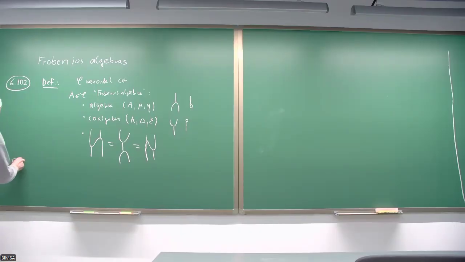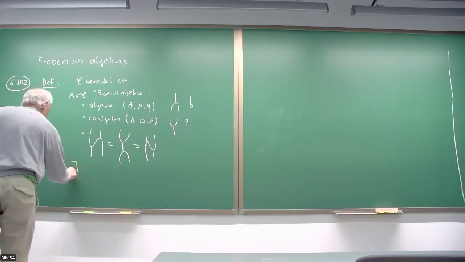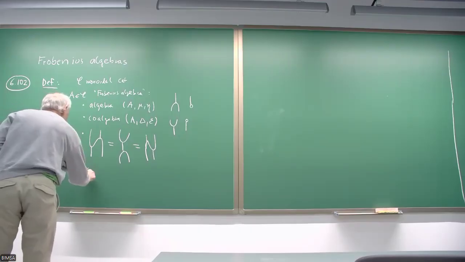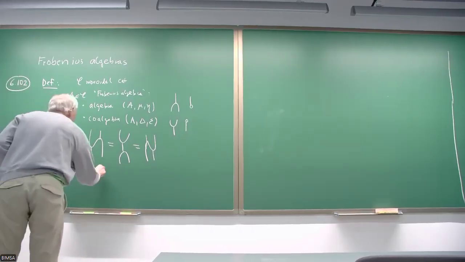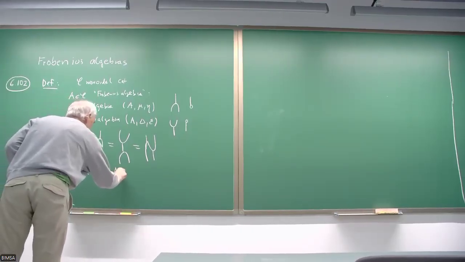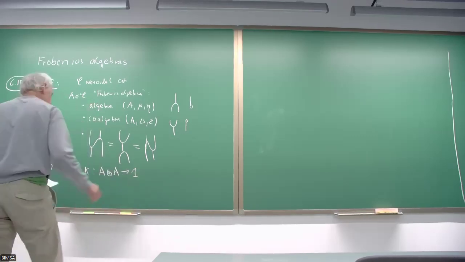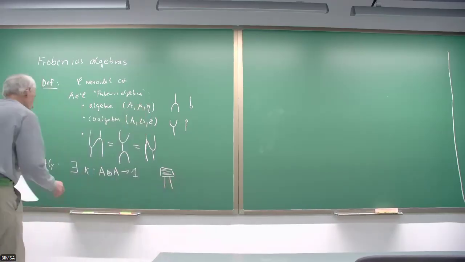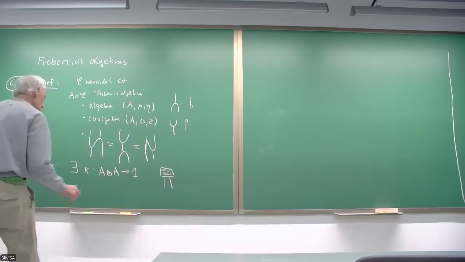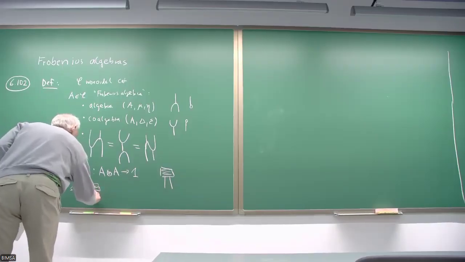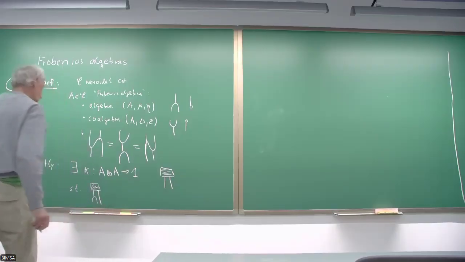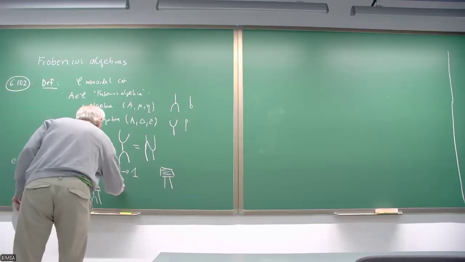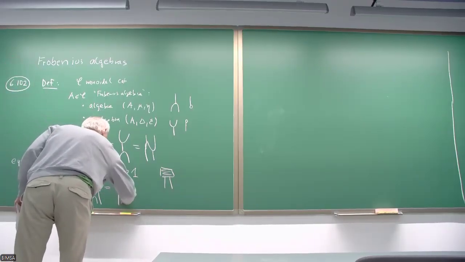Then let me mention there are two equivalent definitions. One is that there exists a morphism, which I call kappa, from A tensor A to the monoidal unit. I will graphically represent it this way, such that it is invariant, meaning that if I compose it on one side with a product, I get the same morphism as on the other side.